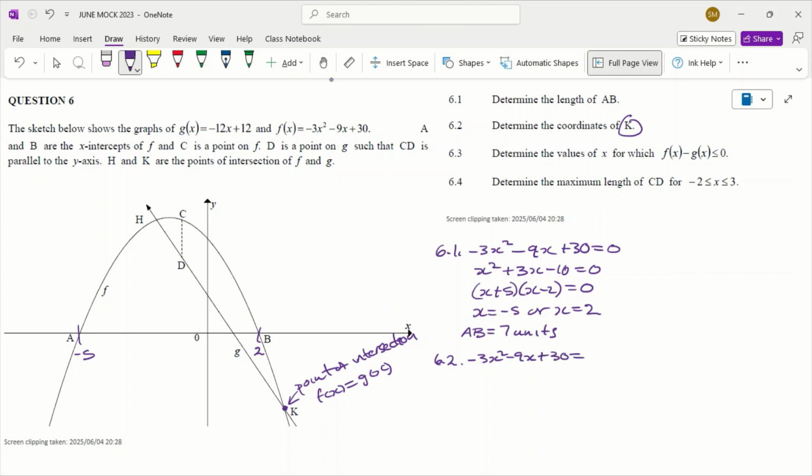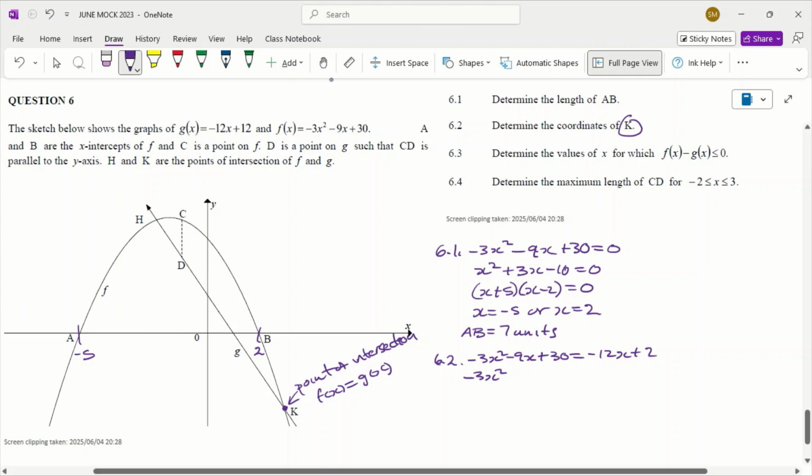Then if I take the 12 to the other side, I have to subtract it from 30, which will give me a positive 18 is equal to 0. Then it's up to you whether you want to take out the common factor, because there's still a common factor, but I encourage you to use the quadratic formula to get the same answers.